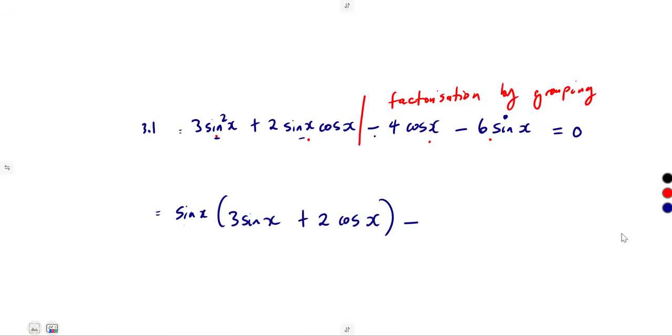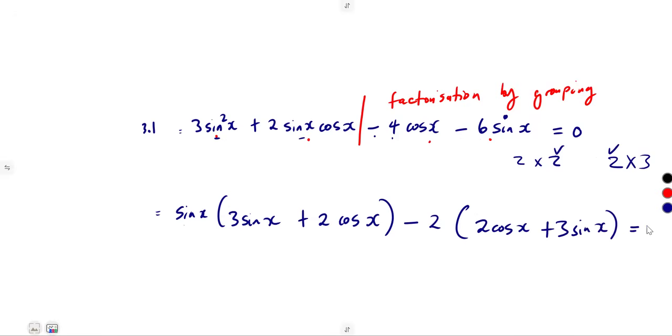Positive values. Then, is there anything common between 4 and 6? 2 is the highest common factor. 4 is 2 times 2. 6 is 2 times 3. So you can see that 2 is what is common. Okay, between cos and sine, there's nothing common. So let's factor out. -4 divided by -2, that's +2 cos of x. Negative 6 divided by negative 2, that's positive 3 sine of x, which is equal to 0.